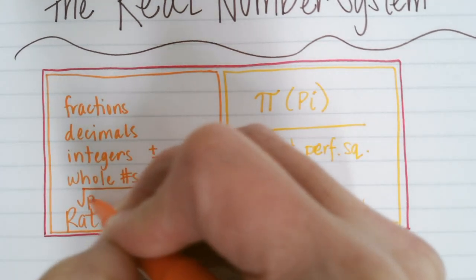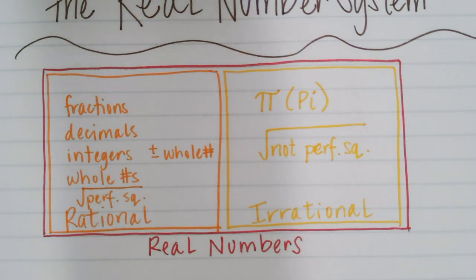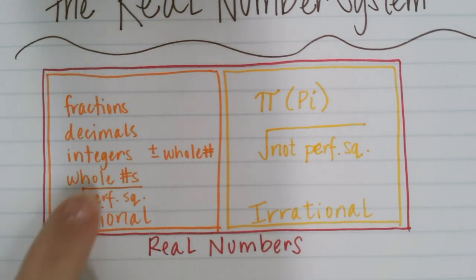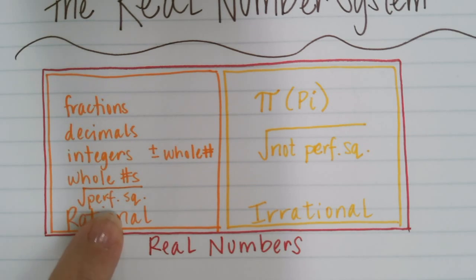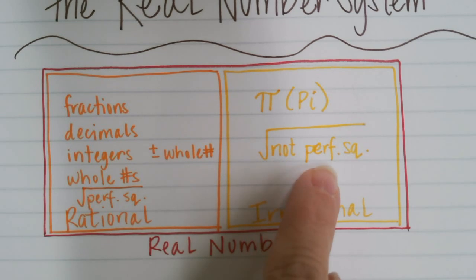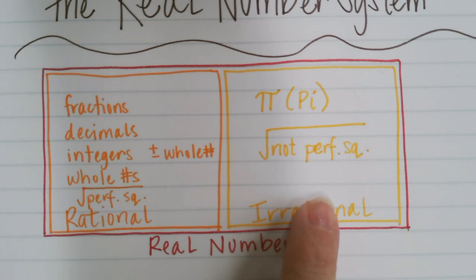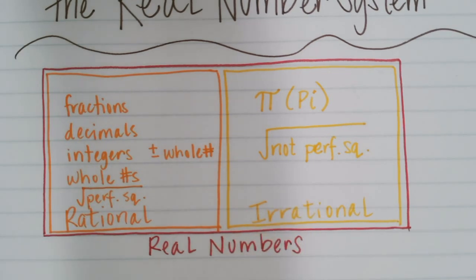Over here are the square roots of perfect squares. The reason why we're talking about this right now is because we're working with square roots. So if the number is the square root of one of our perfect squares that we have on the list, that's going to fall in the rational category. If it's not a perfect square and we're trying to take the square root, that's going to land in the irrational category.